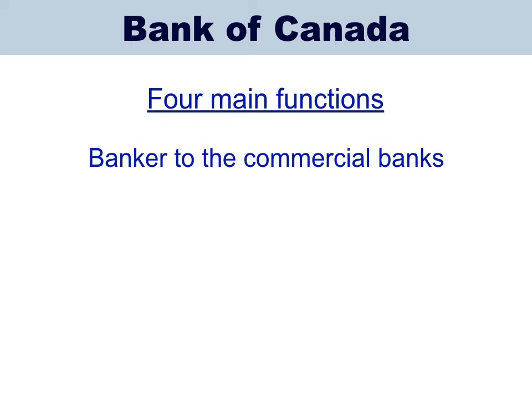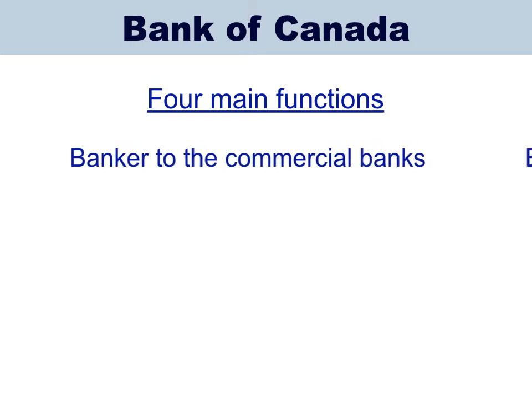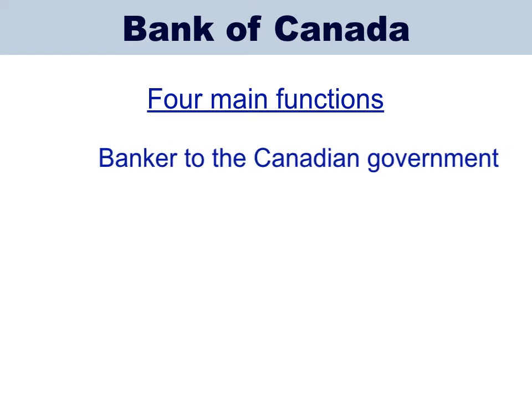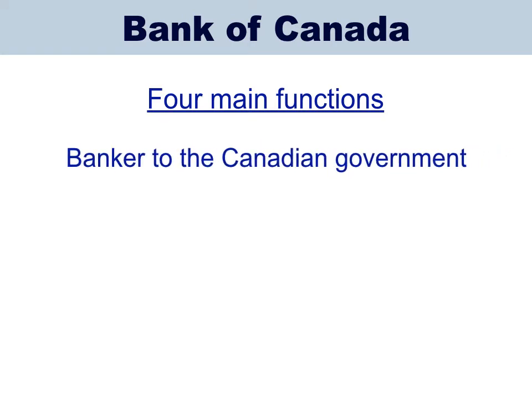That amount of interest is known as the bank rate. It is also known as the overnight rate. And the Government of Canada has a bank account with the Bank of Canada. So this is how the government carries out its business through the Bank of Canada.